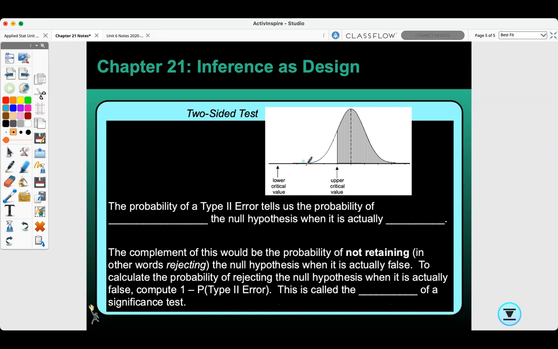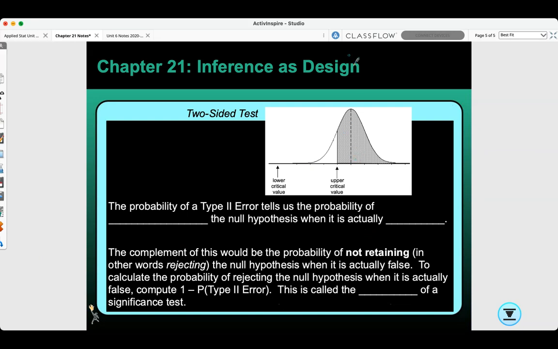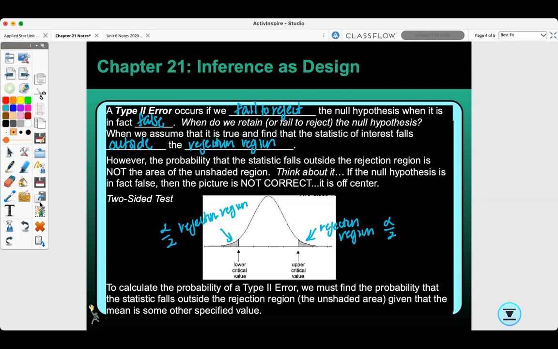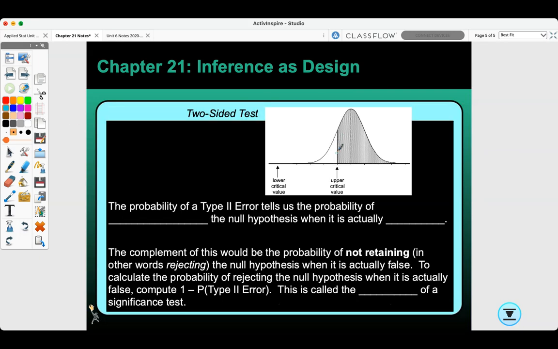And this is still with your two-sided test. And notice that they line up on your notes. This right here is the upper end of your rejection region, and this is the lower end if you were to draw lines straight down.